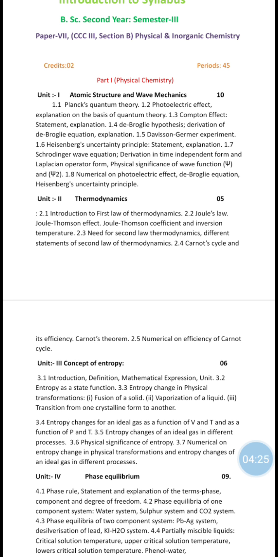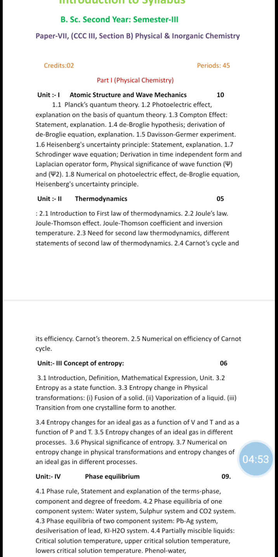In previous years you have learned some concepts of thermodynamics, such as what is a system, surrounding, boundary, types of systems, then first law, second law, third law. All those things you learned in the previous years.